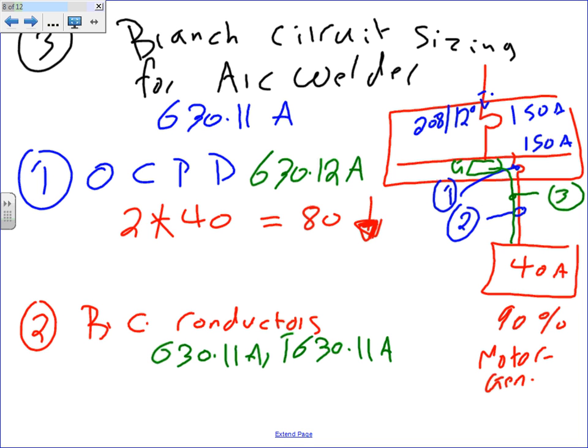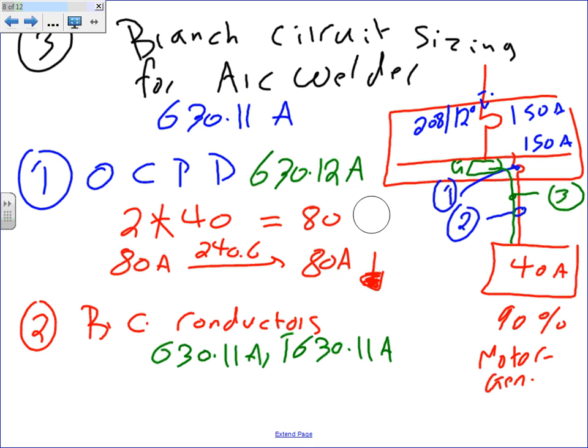Hold your horses, this could be, I'm not saying should be, it could be 80 amps. And if I take 80 amps to 240.6, that will give me also 80 amps. And if it's not standard, what do you need to do? Go down. So hold your horses, we're not done.